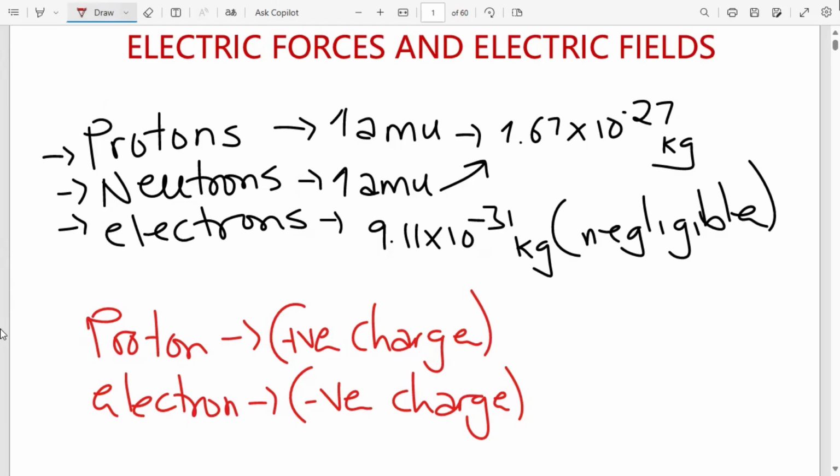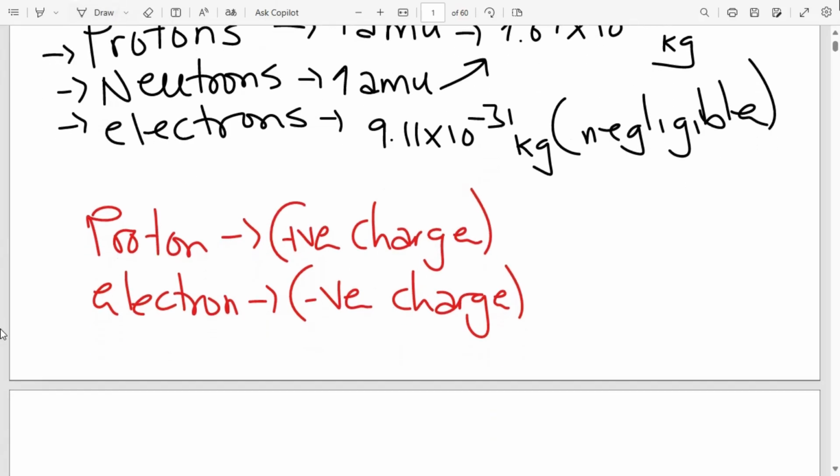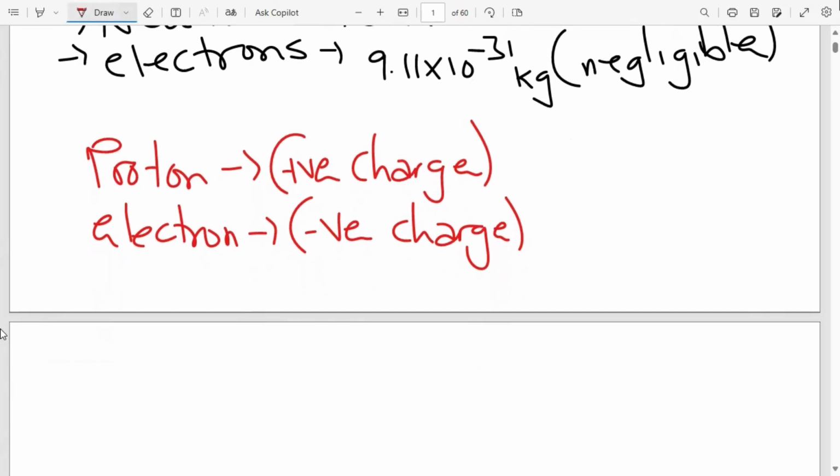And we're going to notice that the size of the charge on a proton and an electron is basically the same. The magnitude of the charge that the proton has is basically the same as the magnitude of the charge that an electron has.